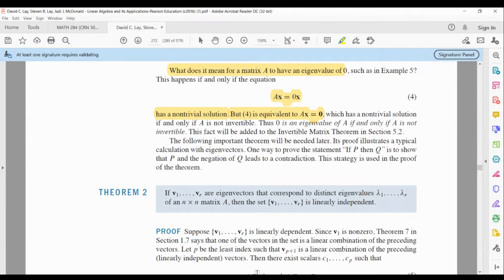If you have A times X equals 0, let me kind of refresh your memory on this. Hold on. Let me go to the whiteboard. So let's consider A times X equals the 0 vector, and our matrix A is n times n.